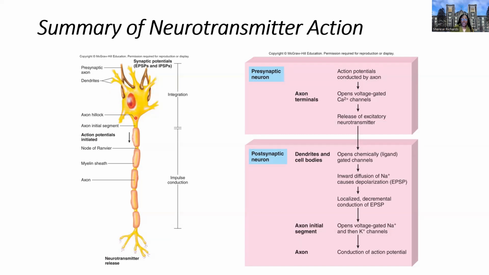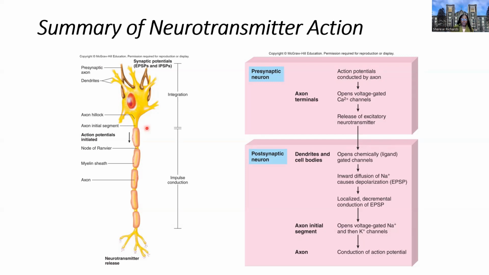Now, all of this needs to be integrated. This is called neural integration, and this happens at the axon hillock. The axon hillock is where we are assessing all of the information that's coming in on the cell body, whether it's EPSP, IPSP, presynaptic facilitation, presynaptic inhibition, all of that is being assessed and calculated, summation, convergence, divergence, all of that is taken into account.